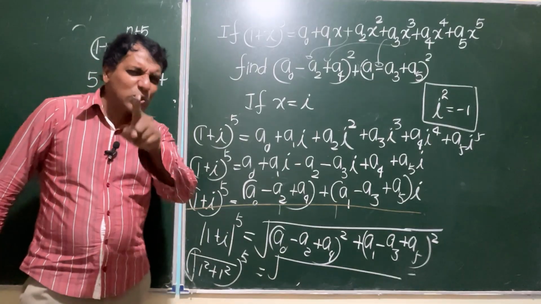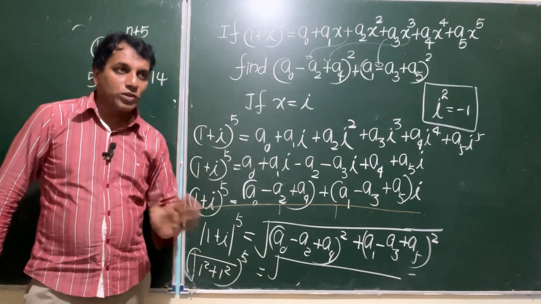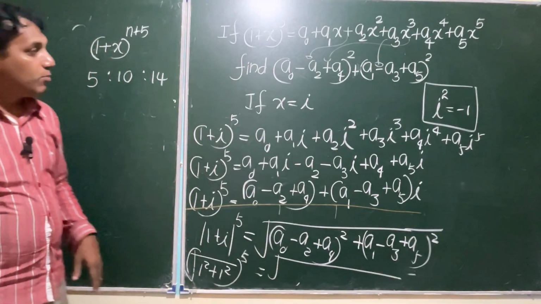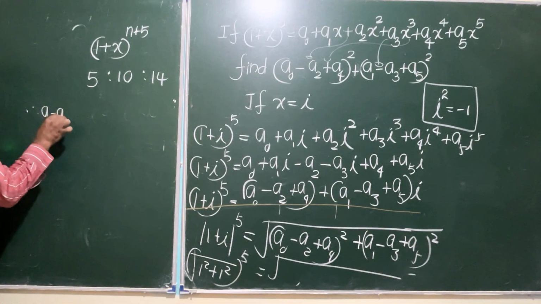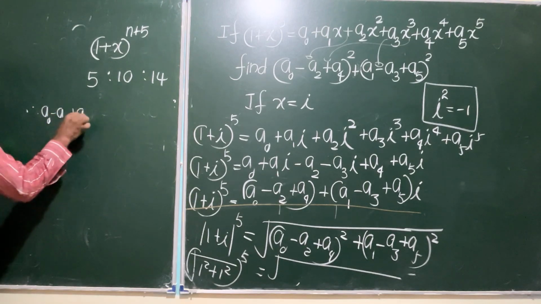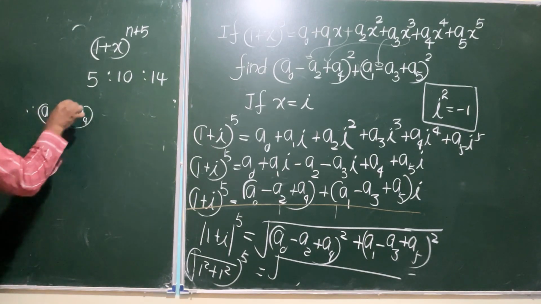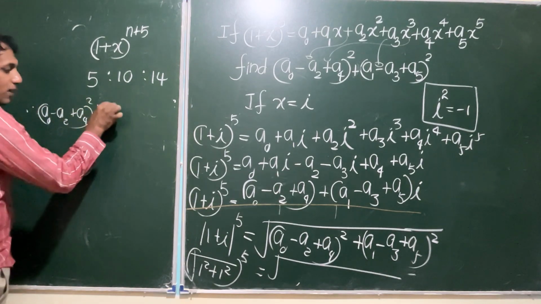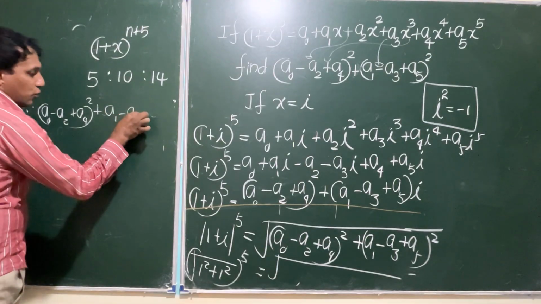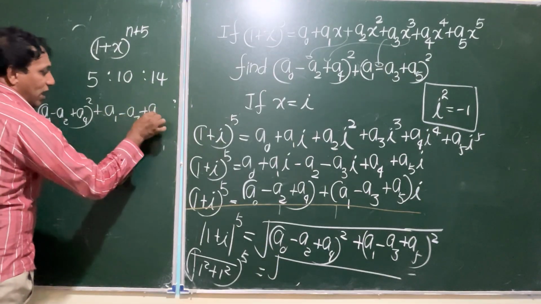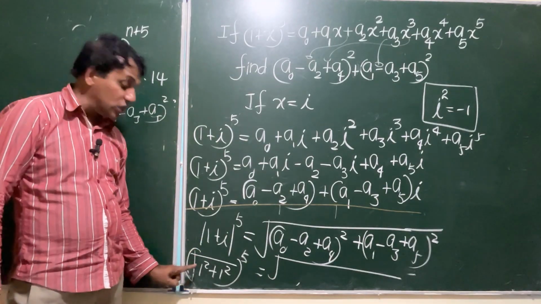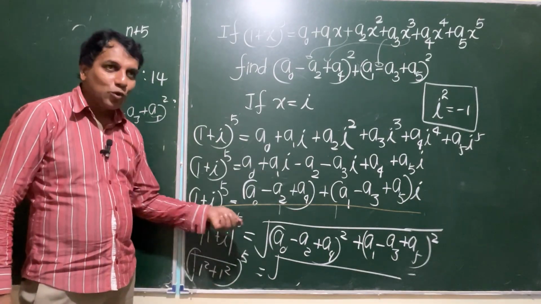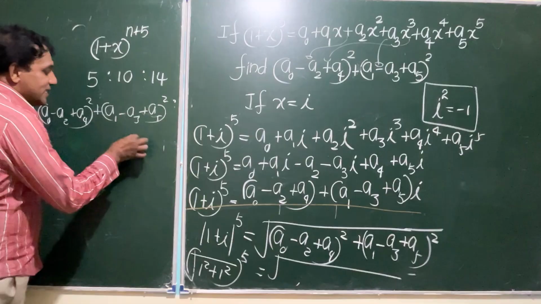Now to remove the square root, you know the technique: square both sides. Therefore a naught minus a2 plus a4 squared, plus a1 minus a3 plus a5 squared. Here the square root vanishes; 1 plus 1 is 2, and 2 to the power 5 is 32.